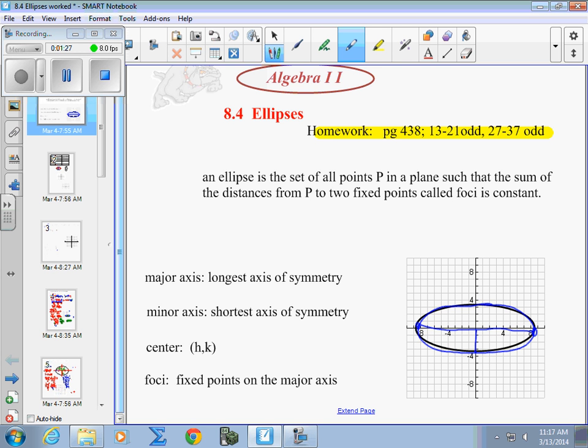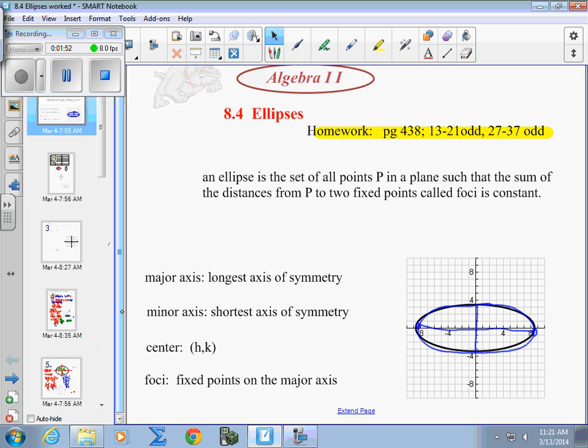The axis from here to here is called the minor axis, and in this case it is vertical. So the major axis is the longest axis of symmetry. The minor axis is the shortest axis of symmetry.